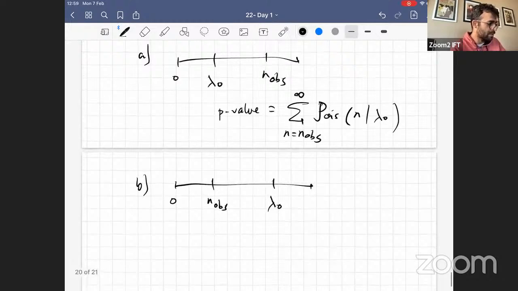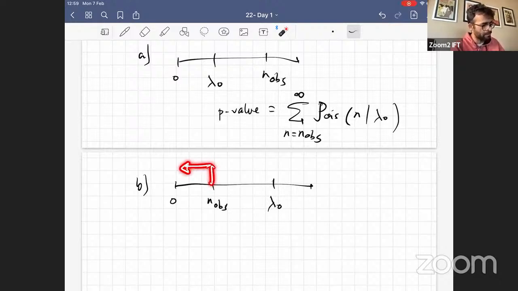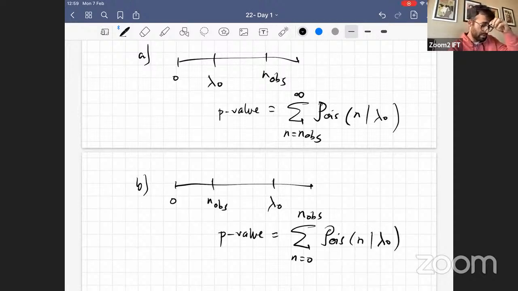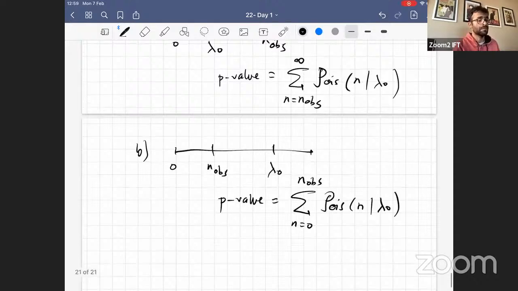If this is the case, to be as compatible or less you go away from lambda 0 in the other direction. And in this case the p-value is the other sum, between n equals 0 and n observed, of the same thing, Poisson of n given H0.